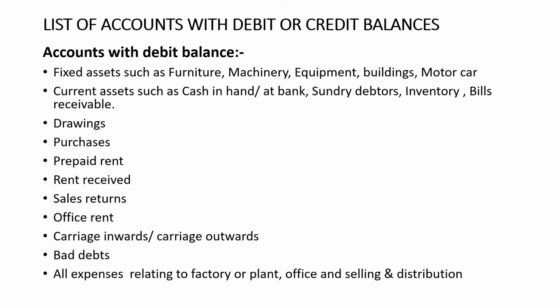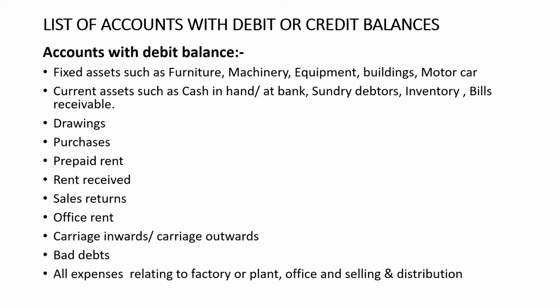So, list of accounts with debit or credit balance. I have given a list of items that will be helpful for you to prepare the trial balance easily and quickly. These are accounts which normally, or compulsorily, you will get as debit balance in the ledger accounts, because the trial balance is prepared after ledger account closing.